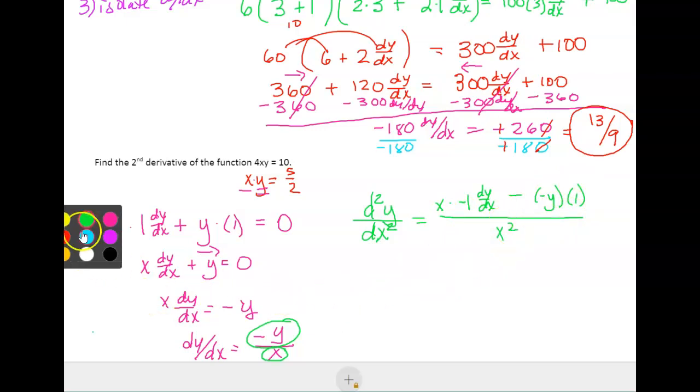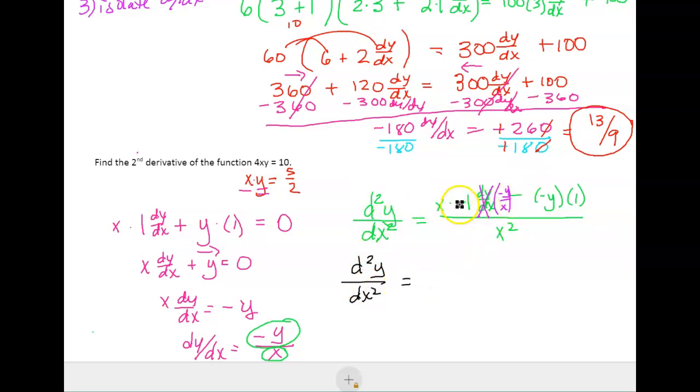Now, this is the tricky part. Paying attention? We can't have a derivative in a derivative. So, by substitution, this is negative y over x. And this is where the real fun comes in. This one's actually pretty nice to you. So, if I write this nicer so you can see what we have, I would have two negatives make a positive, so those go away.